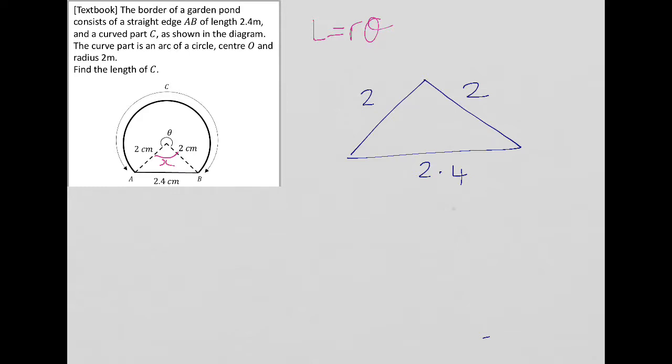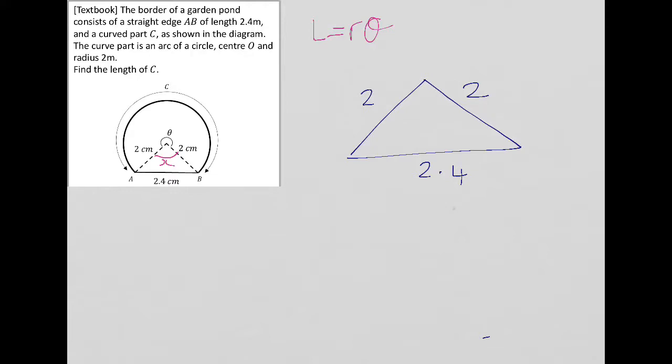I can't assume this is a right angle triangle, so SOHCAHTOA can't be used immediately. So I could, because I have 3 sides, I could use the cosine rule. But I'm not going to, because that seems too difficult.